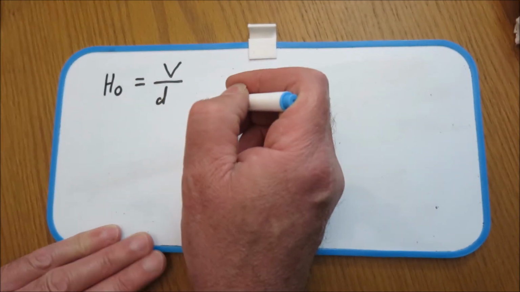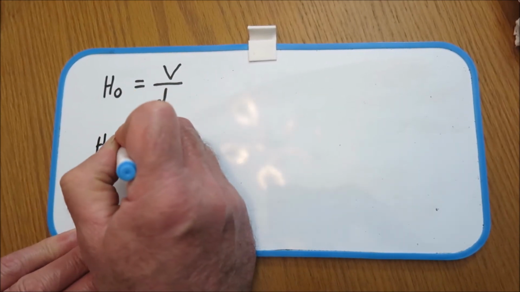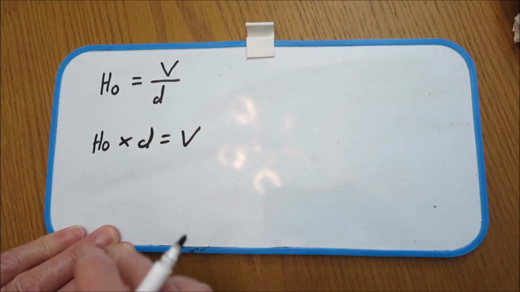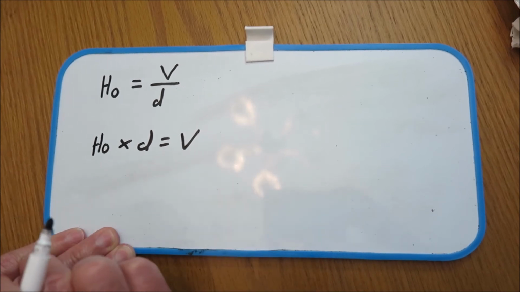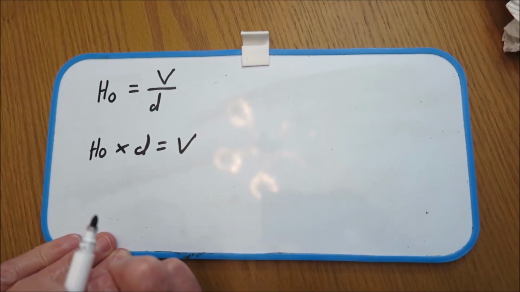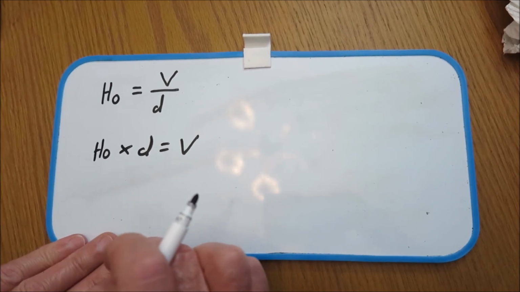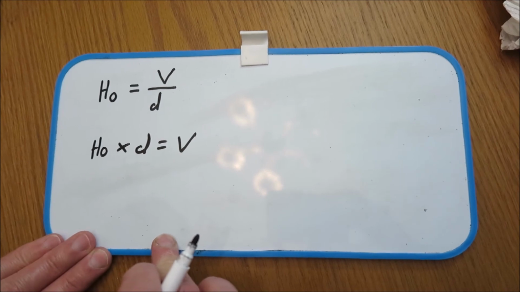So that's multiply. So if we say H0 times D will equal the velocity. So that's the Hubble constant times the distance will equal the velocity. Now we worked out last week that the distance Andromeda was away from us was 0.75 megaparsecs.